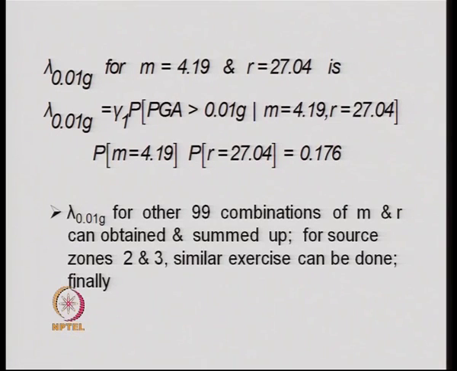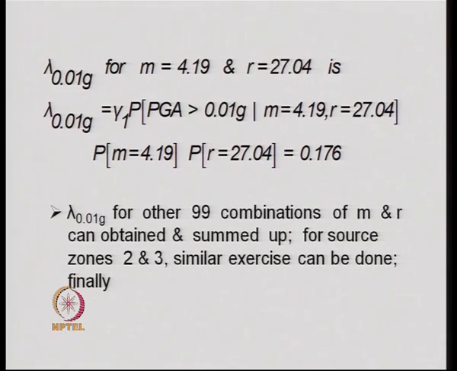So, the annual rate of exceedance of a peak ground acceleration of 0.01 g turns out to be 0.176 for source 1, given a pair of values of magnitude 4.19 and R equal to 27.04.